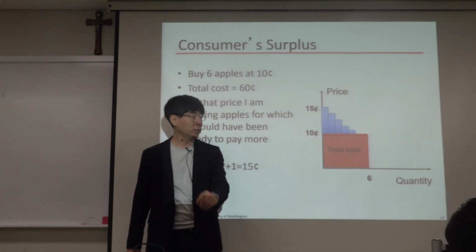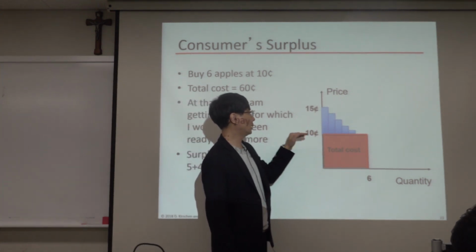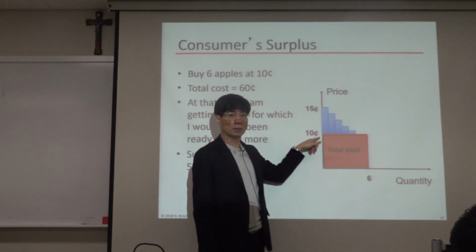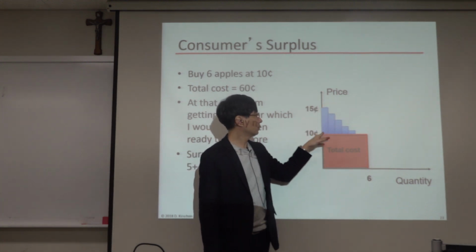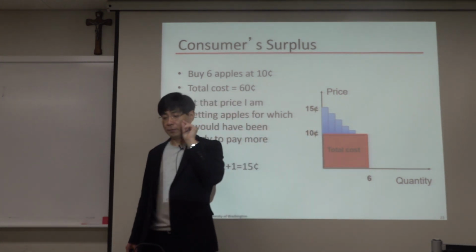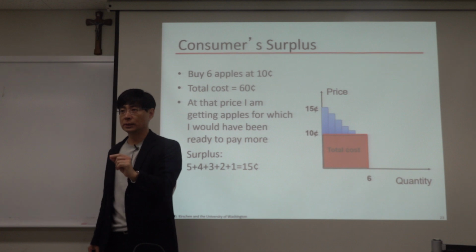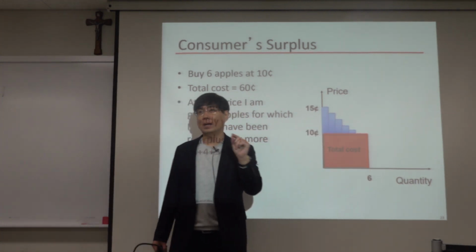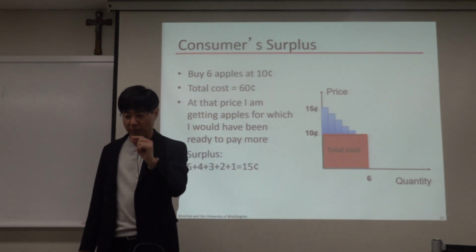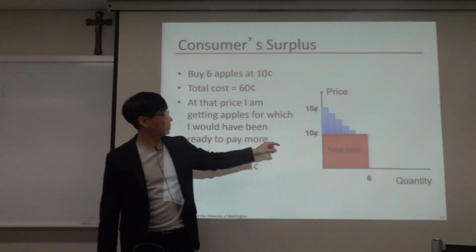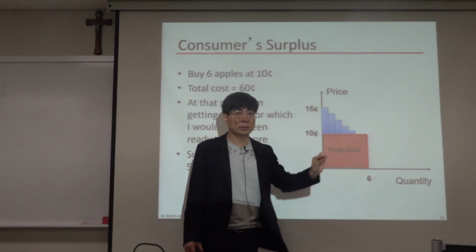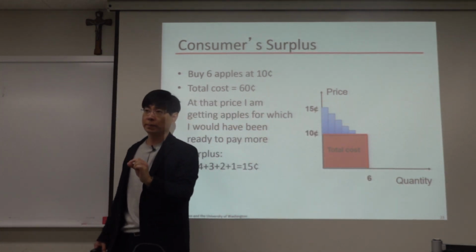But the market clearing price is 10 cents. So you buy a 15 cent valued apple at 10 cents. This one you buy a 14 cent valued apple at 10 cents. So each one of these is the surplus of the consumer.